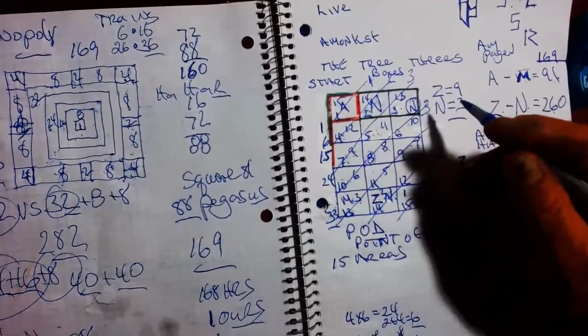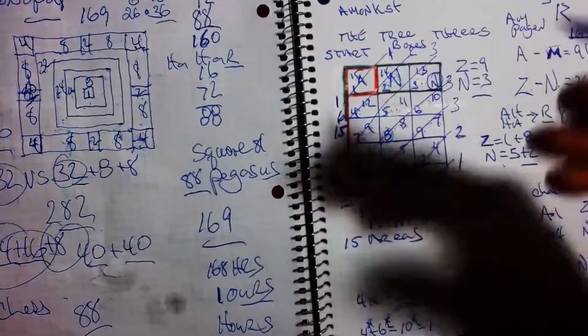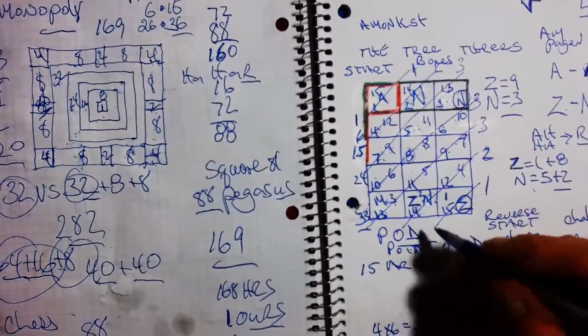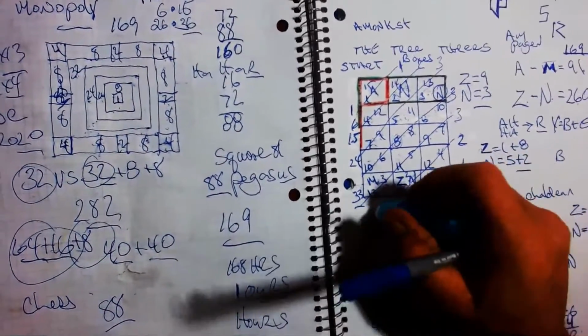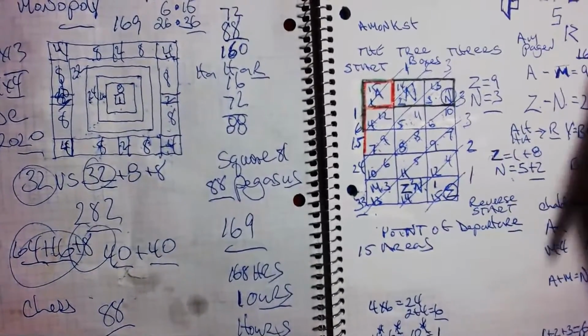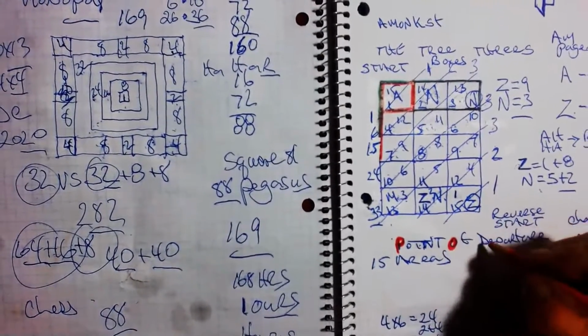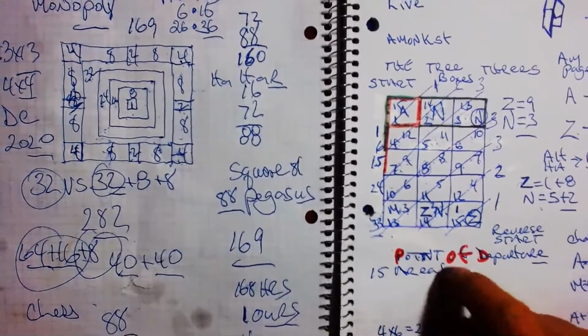So now what we're going to do is total up the other way. This over here is 26. Point of departure.